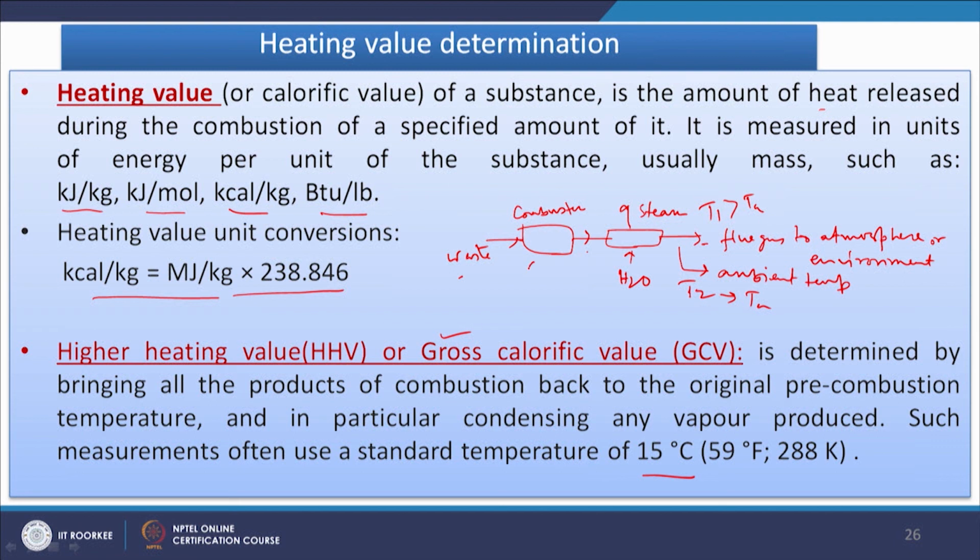If this temperature is 500 or 600 degree centigrade and here I am getting say 150 degree centigrade, we are losing some amount of energy here, and the water which was produced due to the combustion is available in steam form. But if it is condensed at ambient temperature, that water will be condensed. That is basically the difference between the high heating value and low heating value.